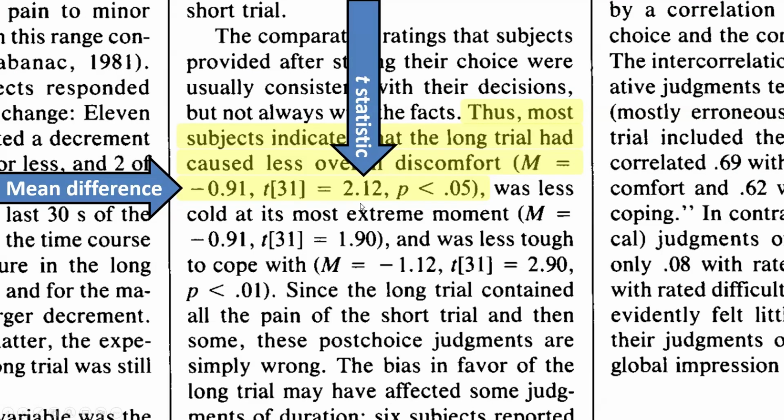The reason that this is done, and I don't agree with it, is that Kahneman was doing a two-tailed test. When you do a two-tailed test, oftentimes you report the absolute value of your t-statistic, because you can have a positive t-statistic and a negative t-statistic, so you just report the positive t-statistic. And it's understood that you are doing a two-tailed test, so you don't have to worry about direction.